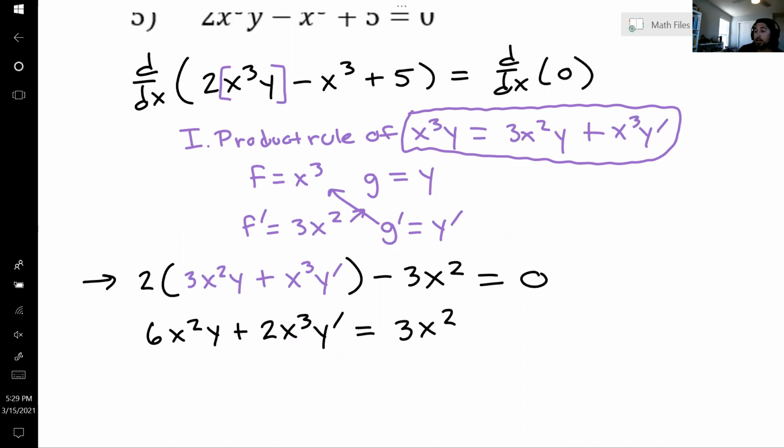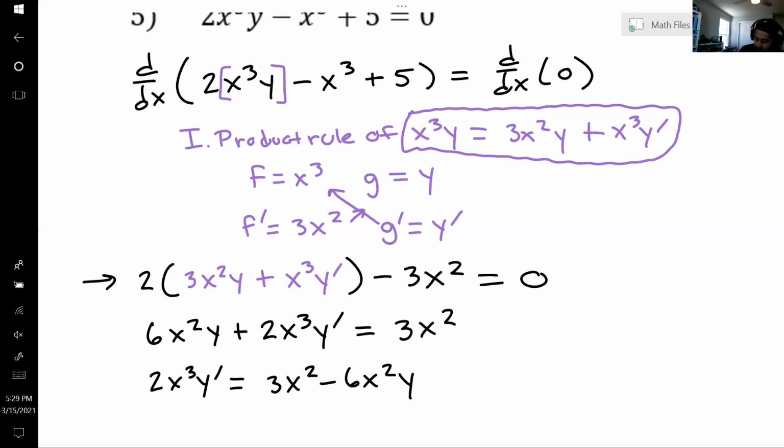Okay. And then, of course, we're solving for y prime. So now we're going to move that 6x squared y over to the right side. So this means we'll have 2x cubed y prime equal to 3x squared minus 6x squared y.